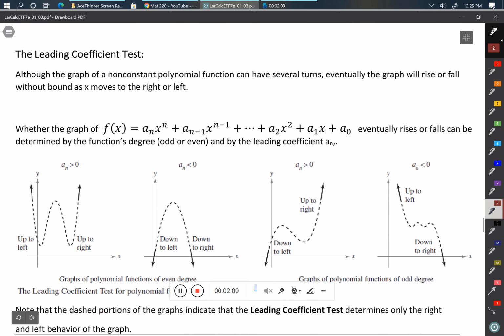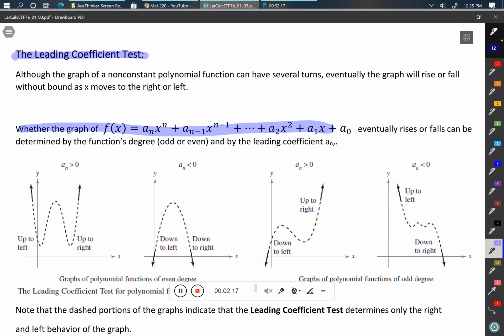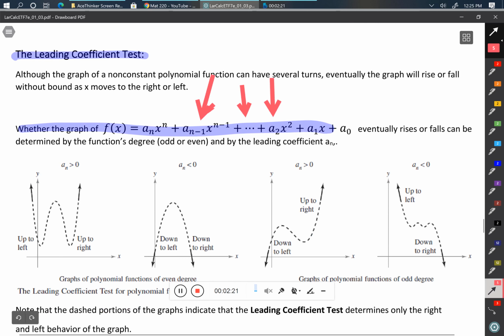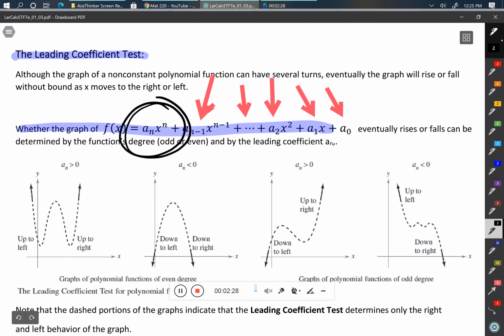All right. The leading coefficient test. You might remember this from algebra. It was a way that we could look at a polynomial function and determine basically what the graph looks like. It says that whether the graph of some polynomial, regardless of what all of these other terms are, eventually rises or falls can be determined solely based on this one right here.